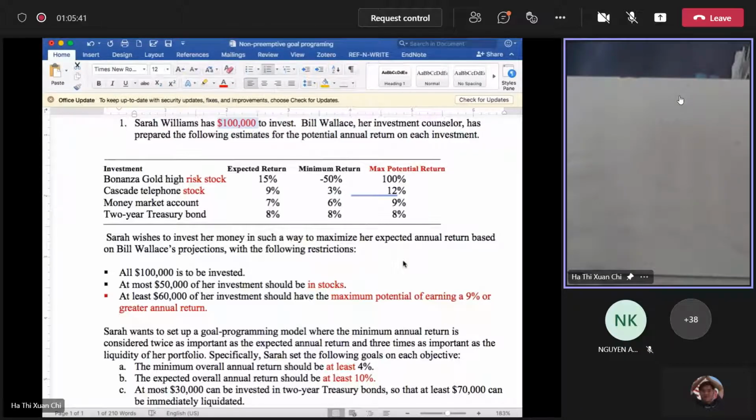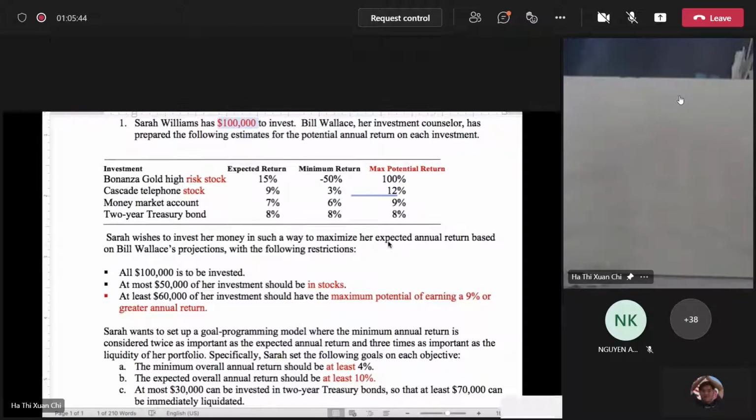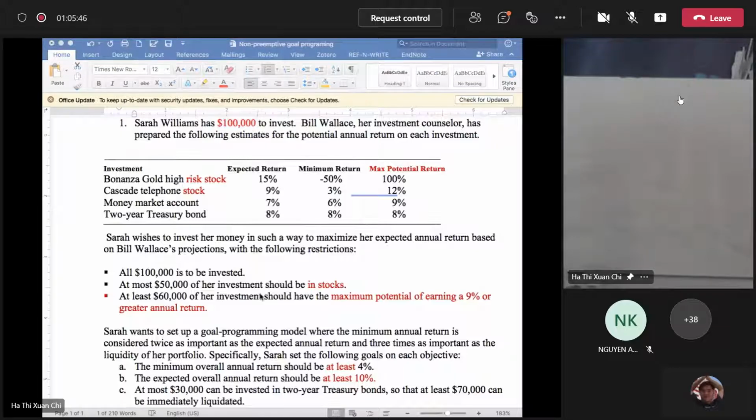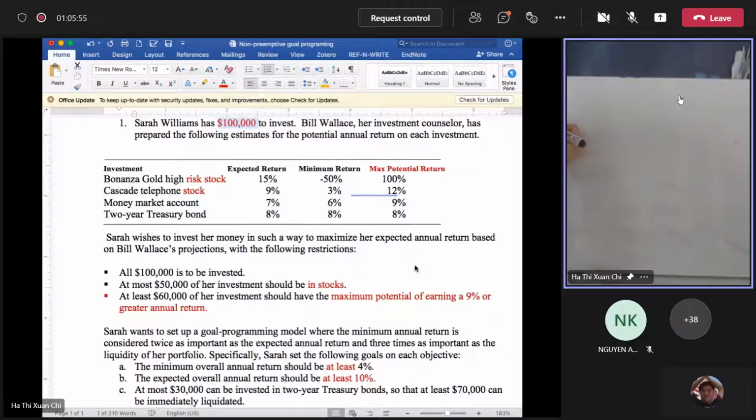Okay, everyone. So let me summarize that one. Sarah Williams has 100,000 to invest. Bill, her investment counselor, has prepared the following estimates for the potential annual return on each investment.